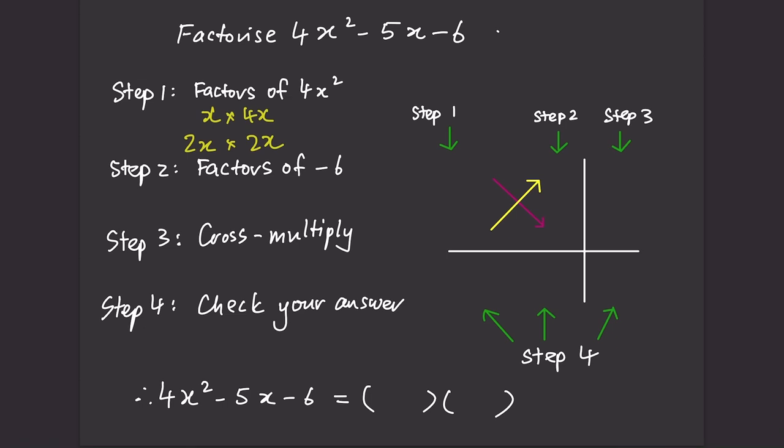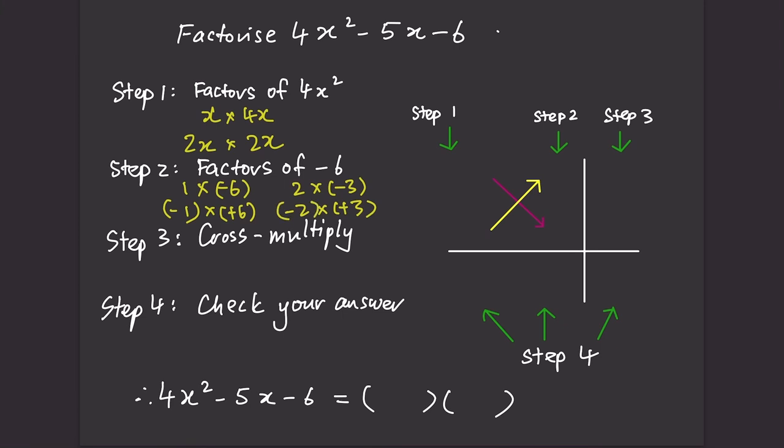Okay, for -6, you're going to have a few combinations of things. So for example, let's stay with 1 and 6. It can be +1 multiplied with -6, -1 multiplied with +6. It can also be +2 multiplied with -3, or it can be -2 multiplied with +3.